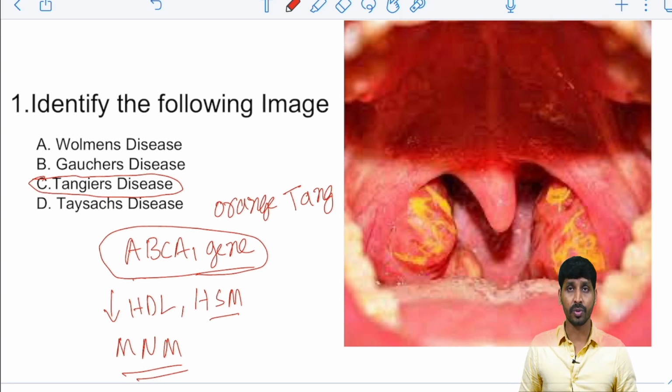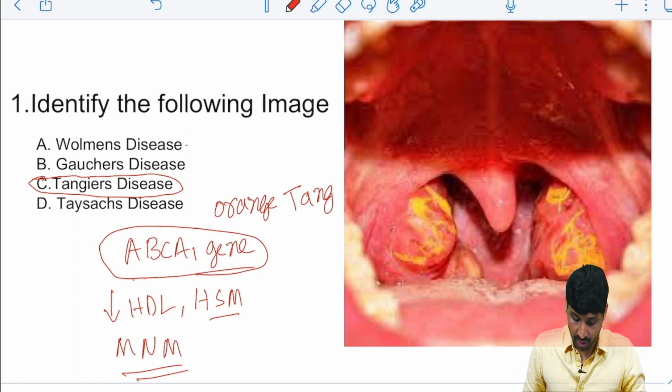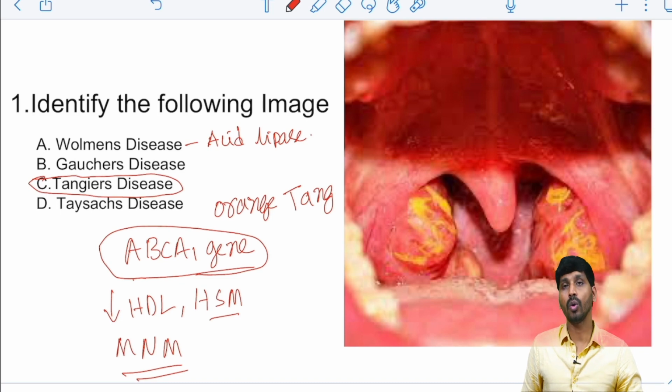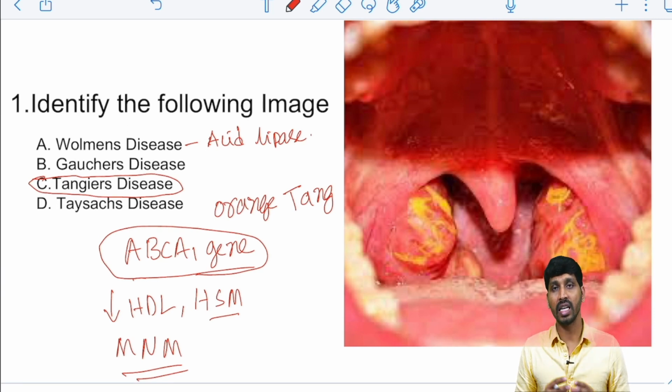And what about the other options? Ullmann's disease is because of deficiency of the enzyme acid lipase. If they want to make a question on Ullmann's disease, they will give you a picture of adrenal calcification and ask what is the enzyme, what is the disease. Adrenal calcification is a prominent feature of Ullmann's disease.